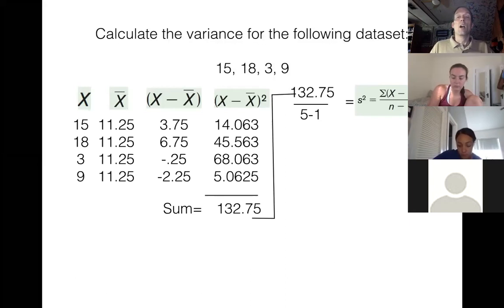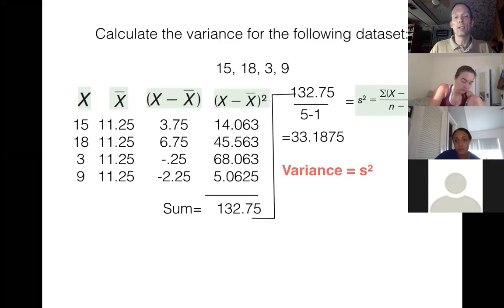I probably should have had that formula up from the start. I'm going to take the 132.75 and divide it by 1 less than the total number. I'm going to get 33.1875. Any questions on how we got there?